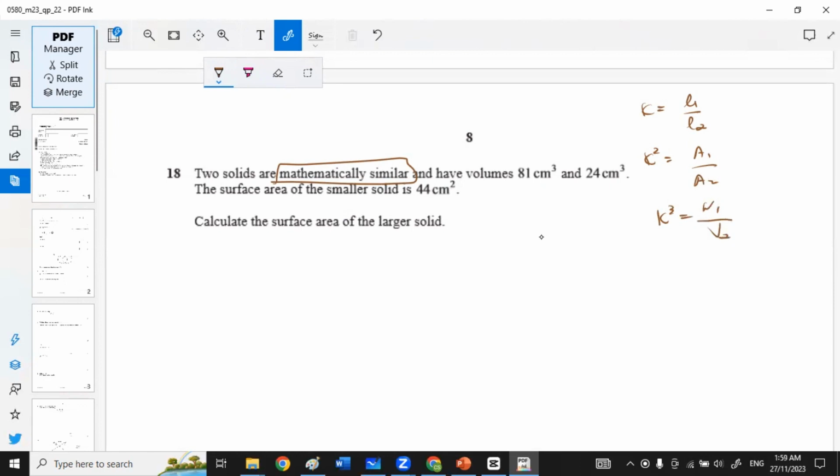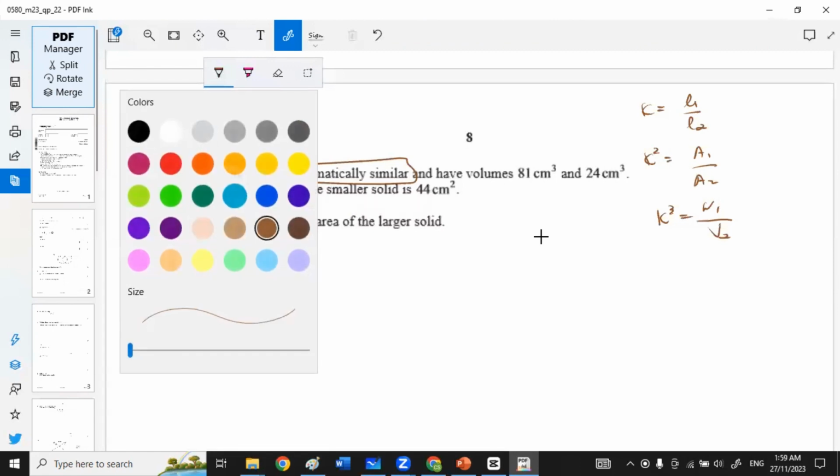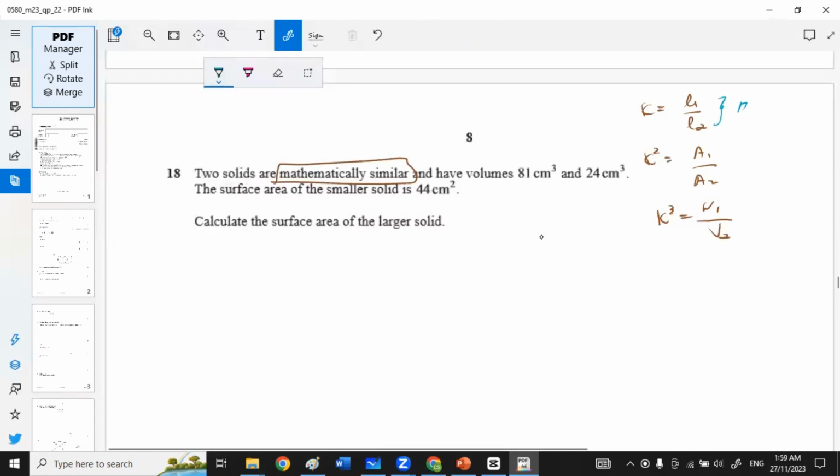A is basically the area. So this we use to find the length, this we use to find the area, and this we use to find the volume.